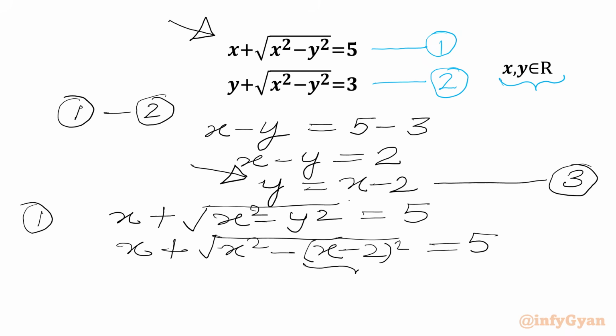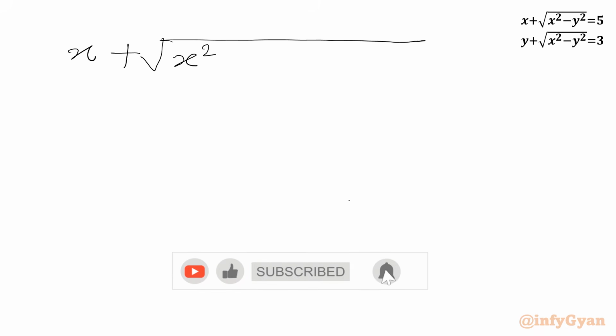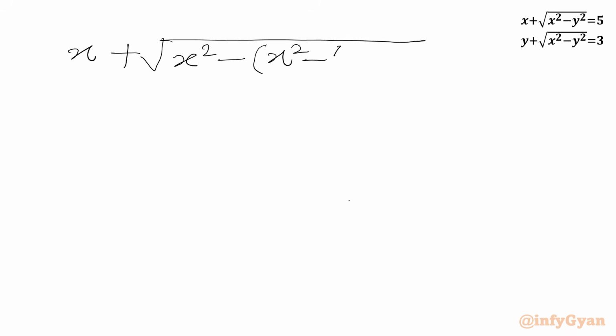Now we'll be using the a minus b whole square identity over here. So let me write a minus b whole square equal to a square minus 2ab plus b square, which will apply here, and we will get x plus square root of x square minus, (x minus 2) whole square is x square minus 4x plus 4, and RHS is 5.